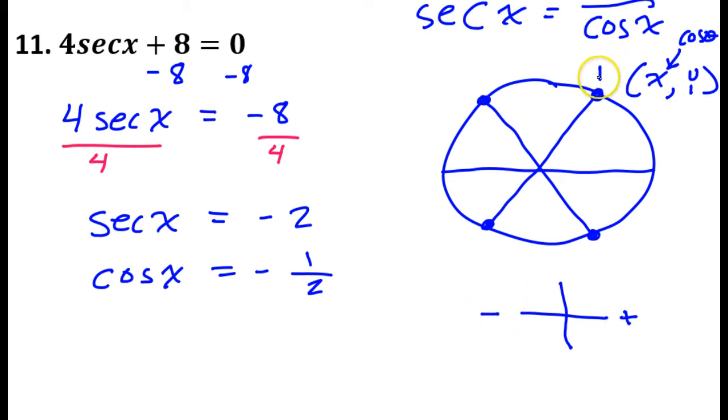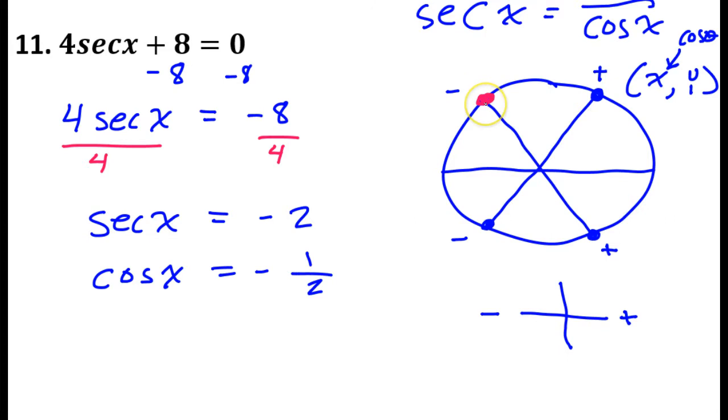So that's why these 2 angles over here are going to have a positive cosine because they're to the right hand side, and these 2 angles over here will have a negative cosine because they are to the left. So in this case we want a negative 1/2, so I want to use these 2 angles. Will give me the answers.